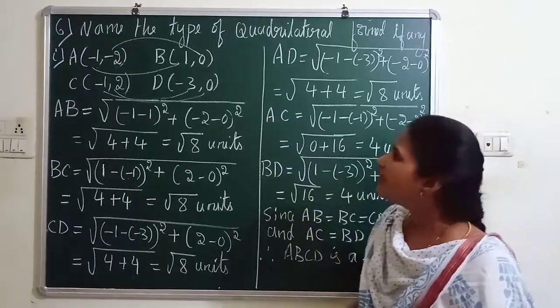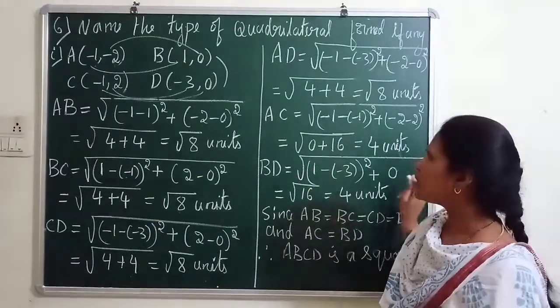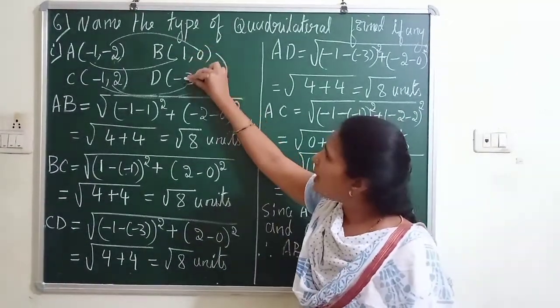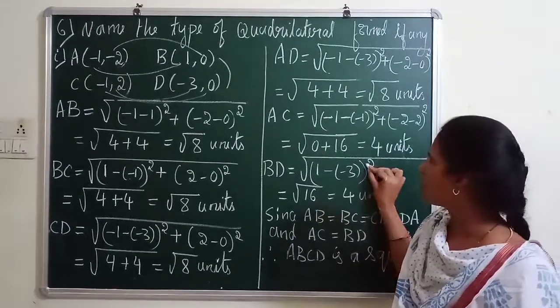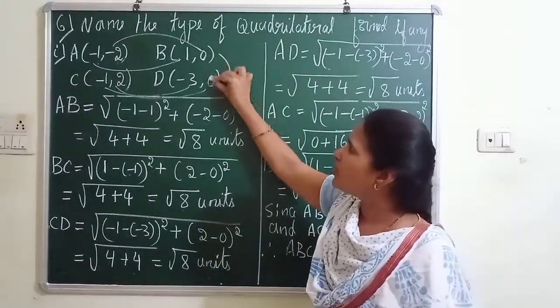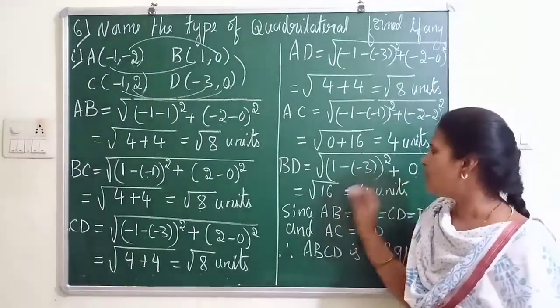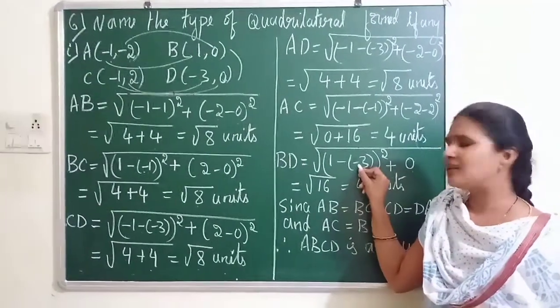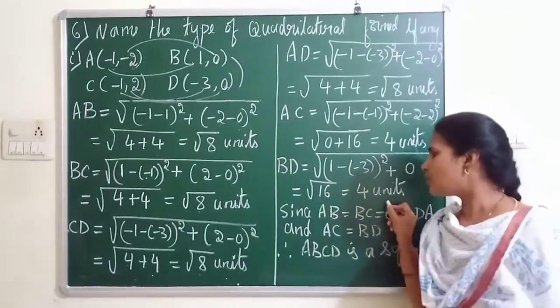Next coming to the other diagonal, that is BD. So apply the distance formula. √((1 - (-3)) whole square plus, here you have both the zeros, you can neglect, 0 minus 0 is 0. Next minus into minus is +1. 3 plus 1, that is 4 square, it is √16, so 4 units.